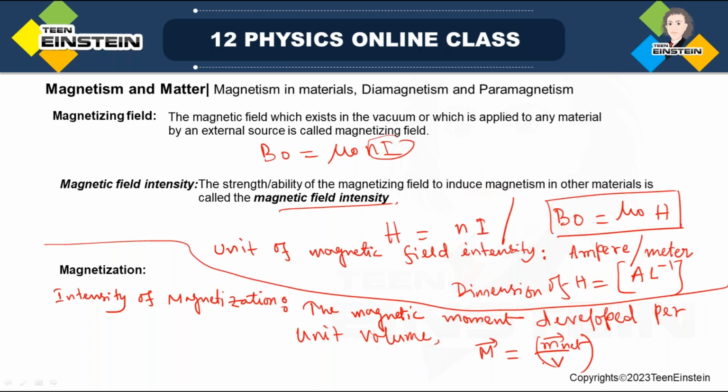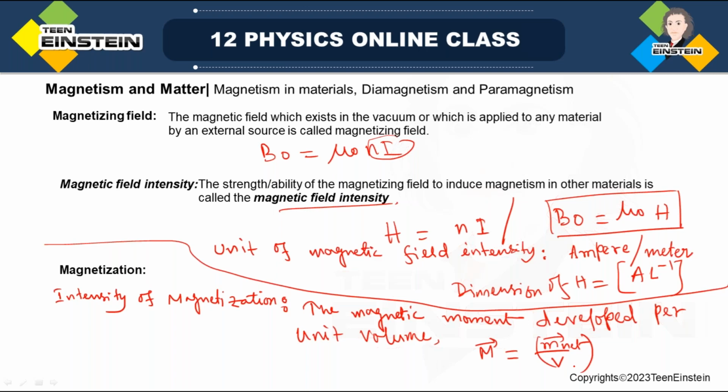As I said, if you apply an external magnetic field to a bulk material, magnetic dipoles will orient in a particular direction, and those dipole moments will create a net dipole moment.